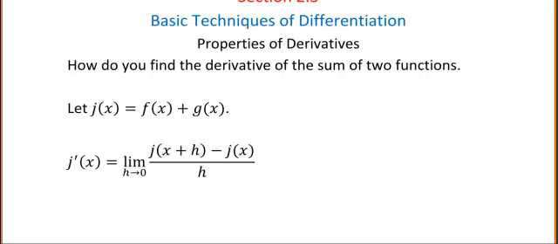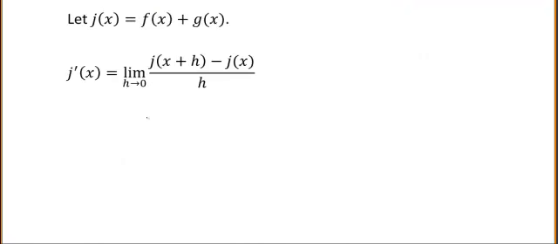Now, let's consider how do we take the derivative of the sum of two functions. So let's let j of x be the sum of f of x and g of x, and let's consider the derivative of j of x. Well, the derivative of j of x is equal to the limit as h approaches 0 of j of x plus h, and j of x plus h is j of x where each instance of x has been replaced by x plus h.